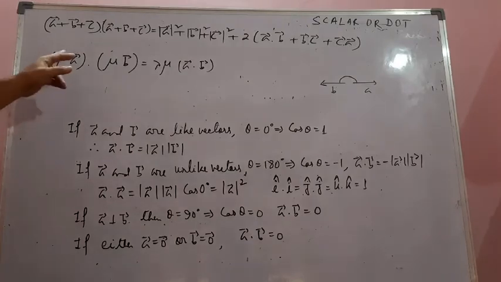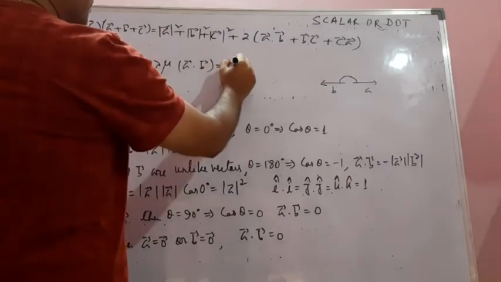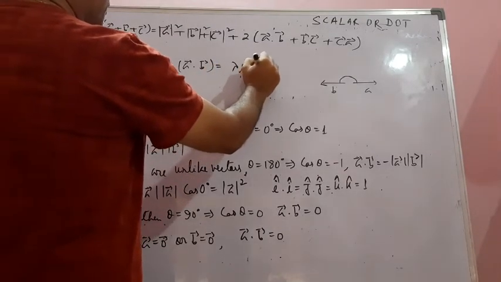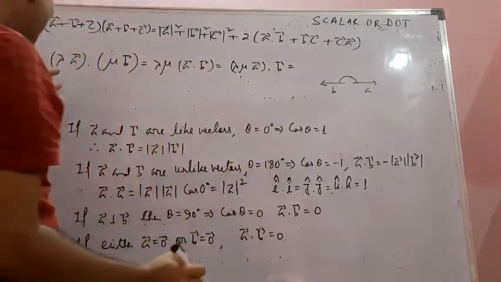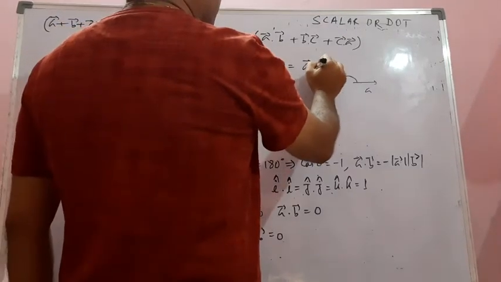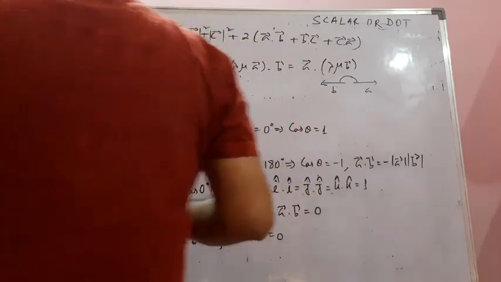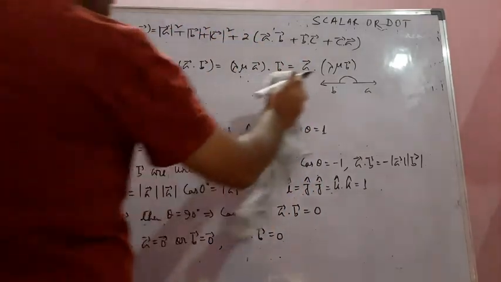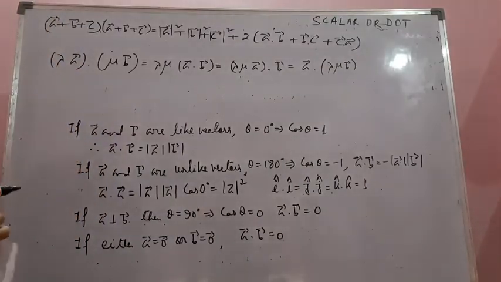So twice a dot 3b is 2 threes are 6, a dot b. Or you can write lambda mu, a dot b. This value is also the same. Or a dot lambda mu b. That means the numbers you can multiply separately, not a problem.